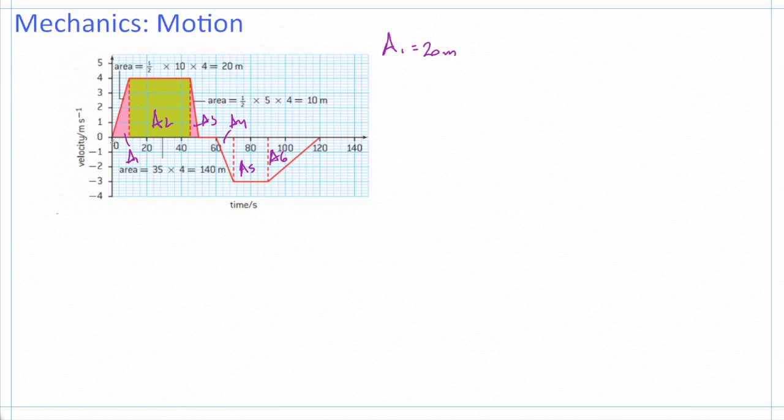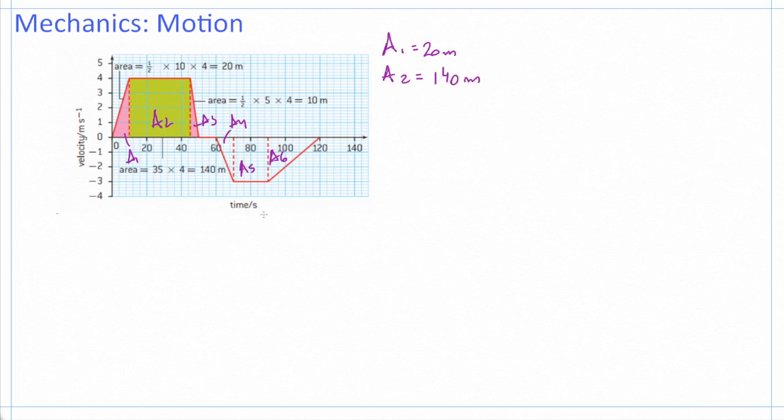If we multiply a half by 10 and 4, so 10 was our time, 4 was our height, if we multiply those, it would be 20. In this large square here, we have a difference of 35, and the height is 4, so it would be 140 meters.